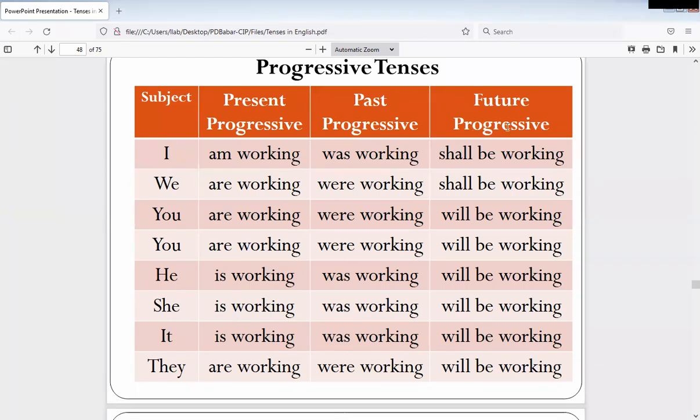Hope that you have written down this chart in your notebook.